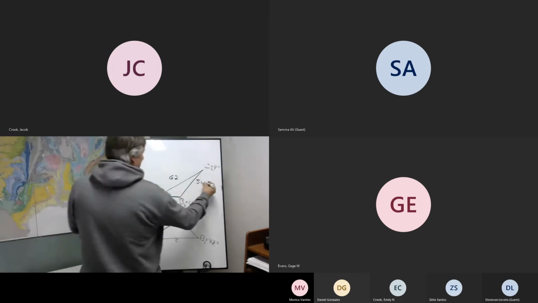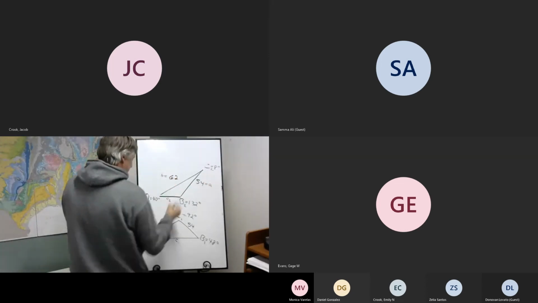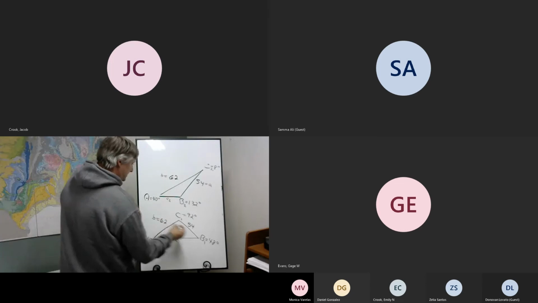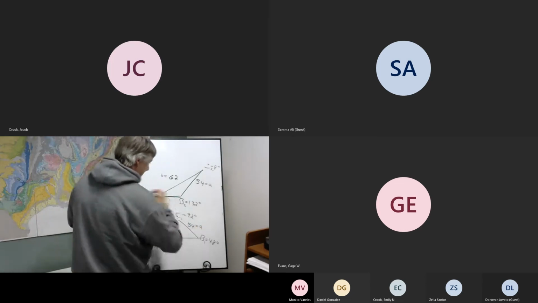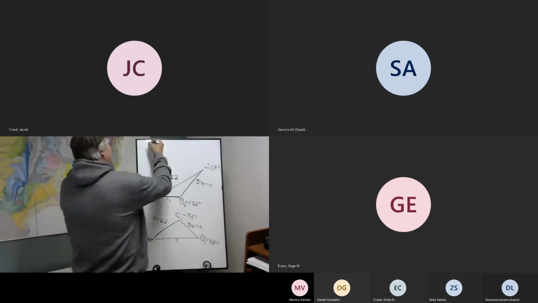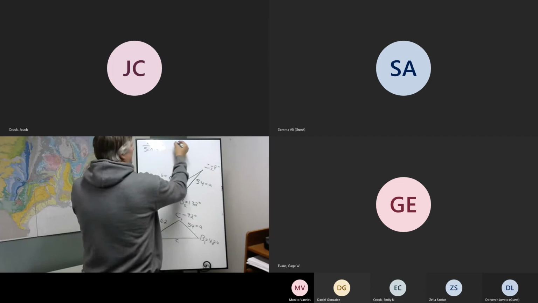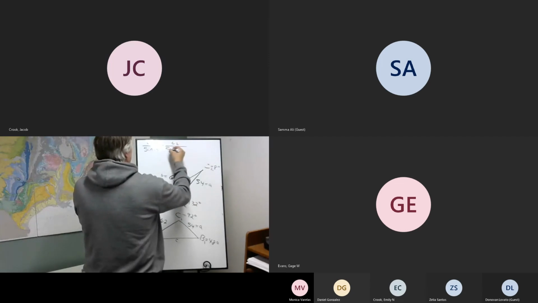So remember, this is A, this is B. A over sine A, and then I'm going to go with this top triangle here, C2 over sine C2.